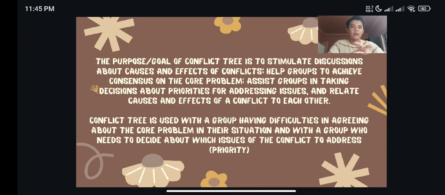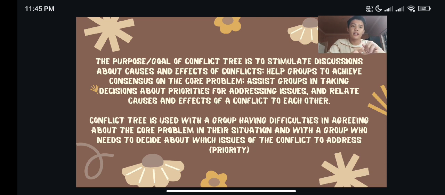The purpose or goal of the conflict tree is to stimulate discussion about causes and effects of conflicts. It also helps groups to achieve consensus, or understanding, on the core problem. It also assists groups in taking decisions about priorities for addressing issues and relates causes and effects of a conflict to each other.